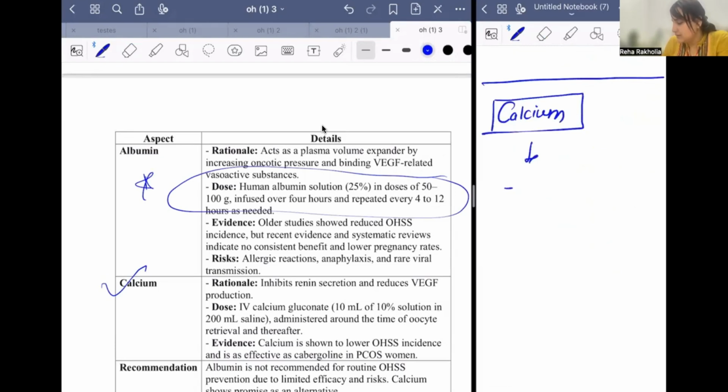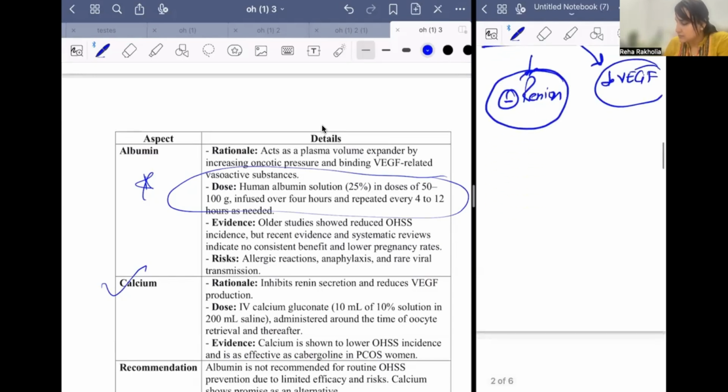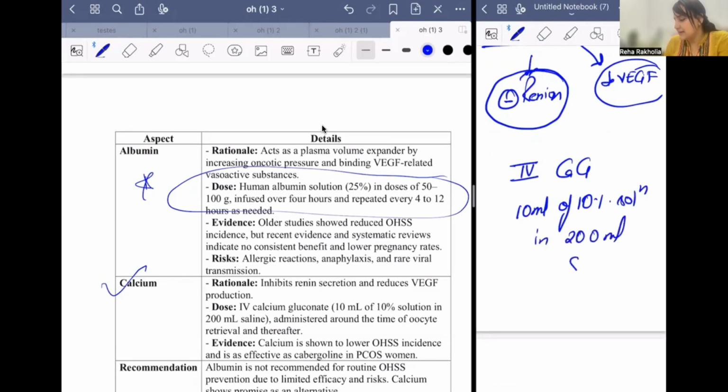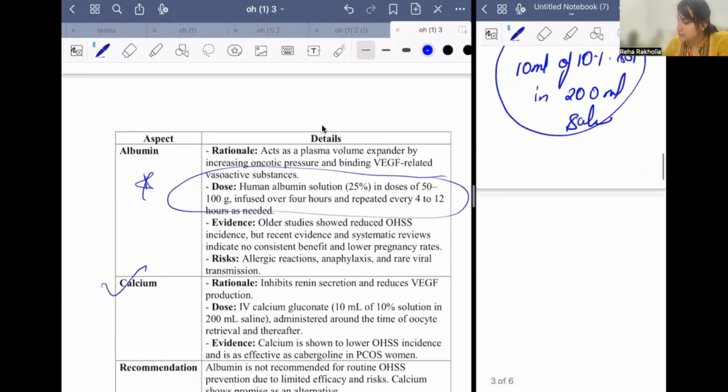This inhibits renin secretion and reduces VEGF production. The dose is IV calcium gluconate, 10 ml of 10% solution in 200 ml saline, administered around the time of oocyte retrieval or thereafter.